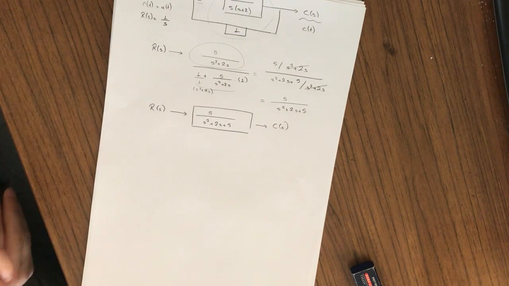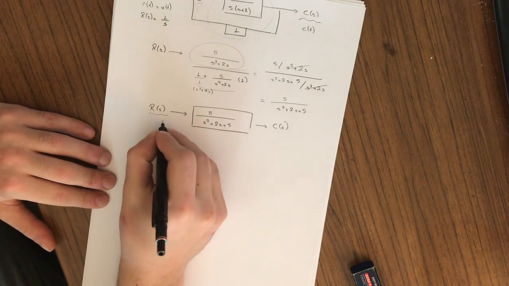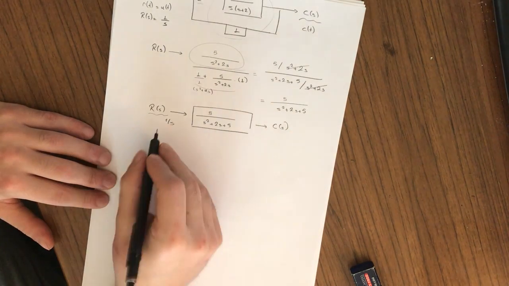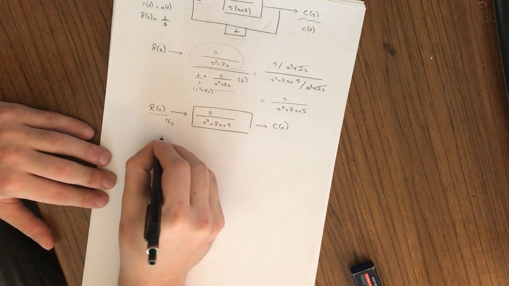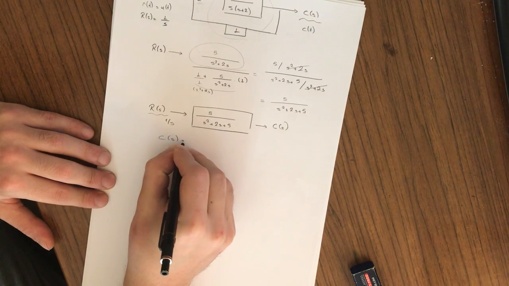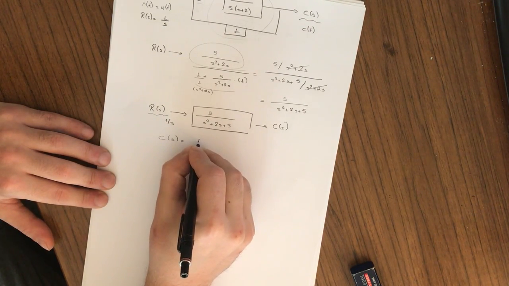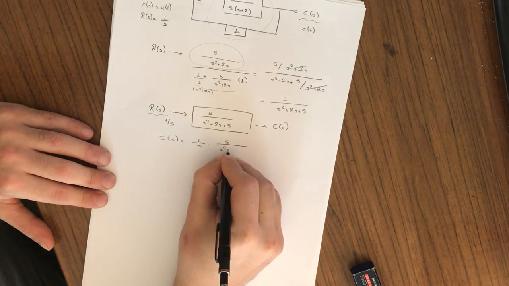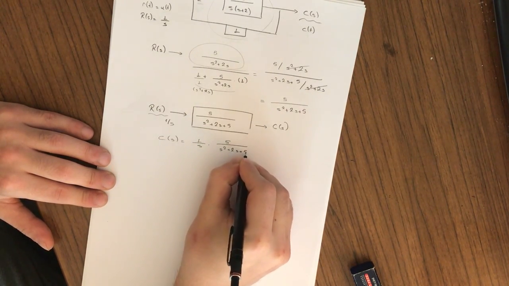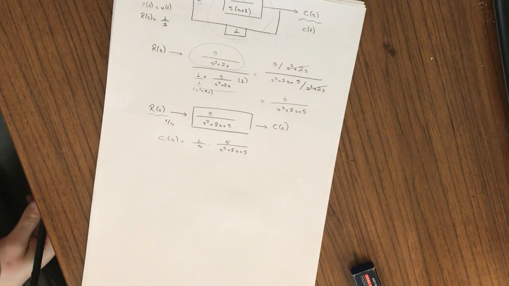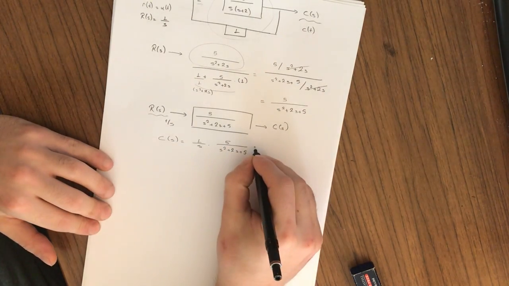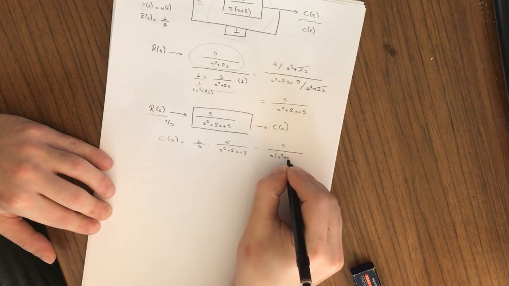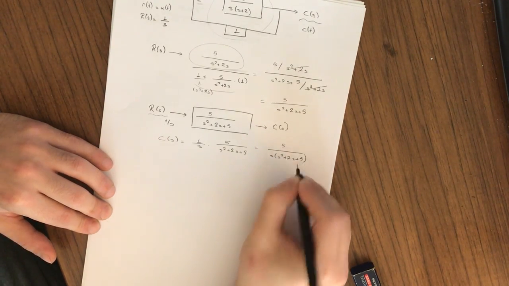Since the input is a unit step function, the input is 1 over s. The output is the multiplication of the input with the transfer function. So we have the formula for C(s) as 1 over s times 5 over s squared plus 2s plus 5, which we can rewrite as 5 over s times s squared plus 2s plus 5.